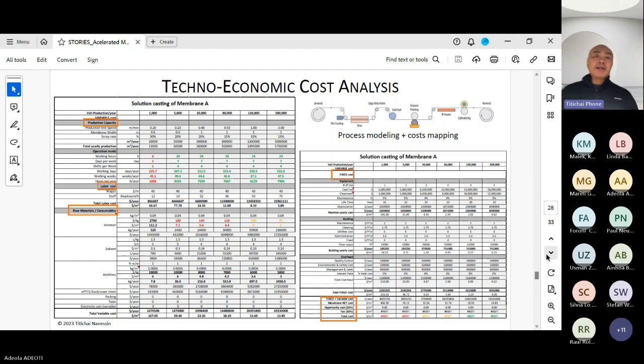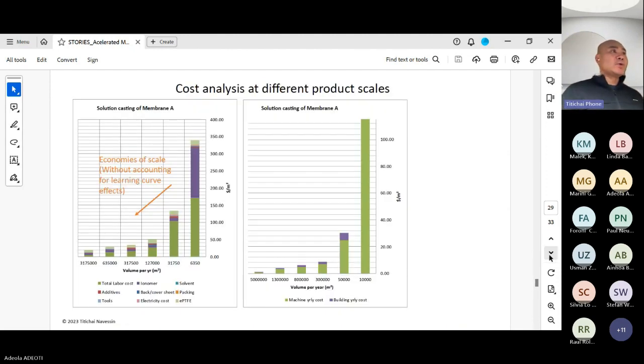This type of setting allows you then to look at the economies of scale when you produce and breakdown of each of the cost components at low, medium, and high volume. And then the graphs here show you the economy of scale when you drive the volume without accounting for the learning curves effect.